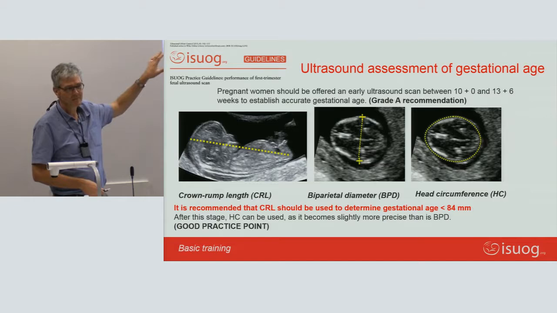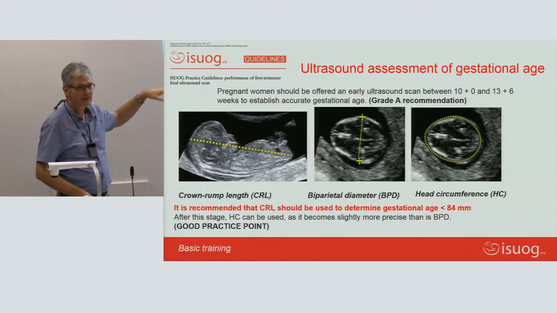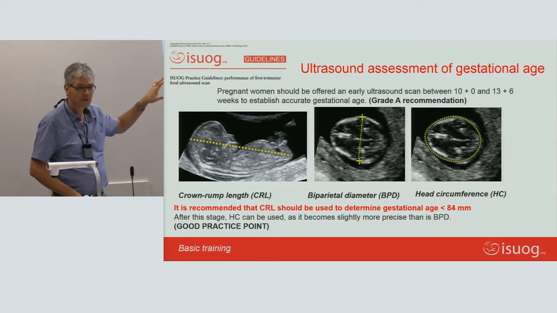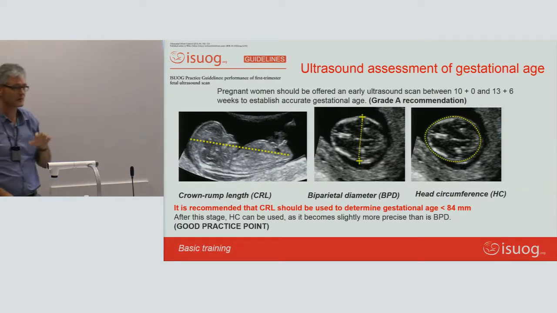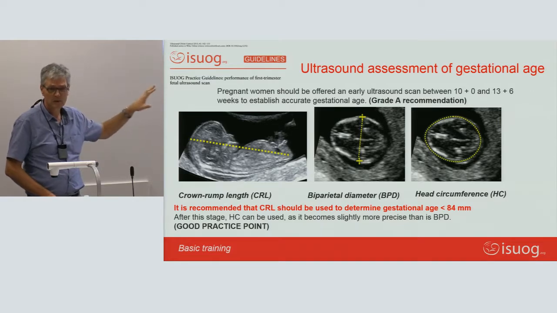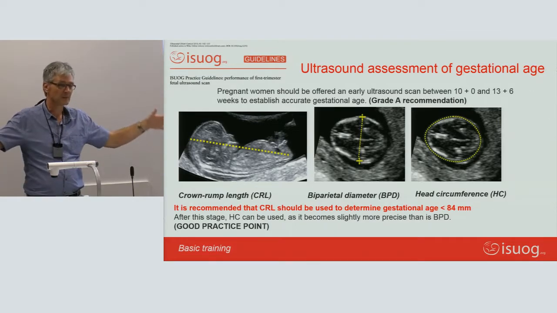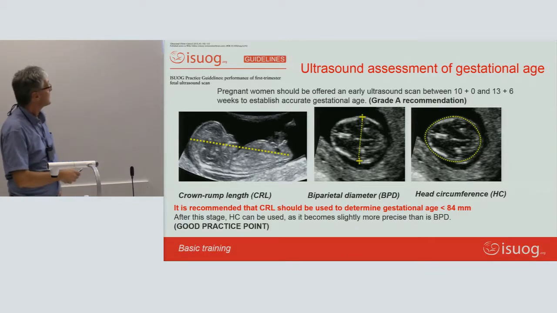I was really so happy to know that here I am halfway across the globe, and the sonographers just carry on doing what they should be doing. So really, if you forget anything else of what I say in the next half an hour or so, just remember, make your image big. Make it really, really big. Make it so big that baby really jumps off the screen at you.